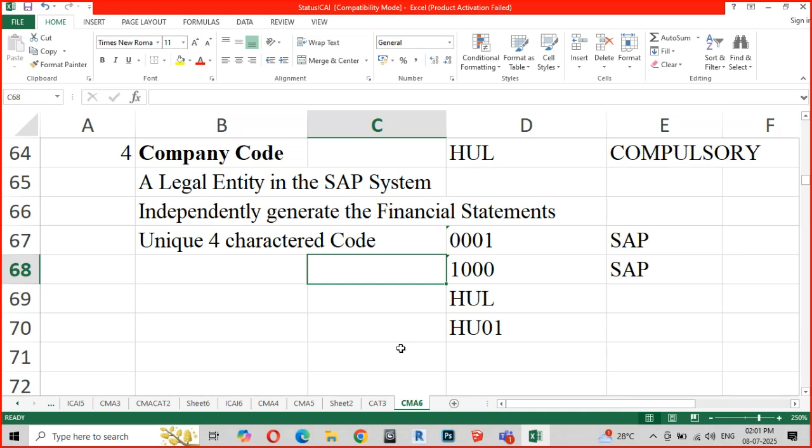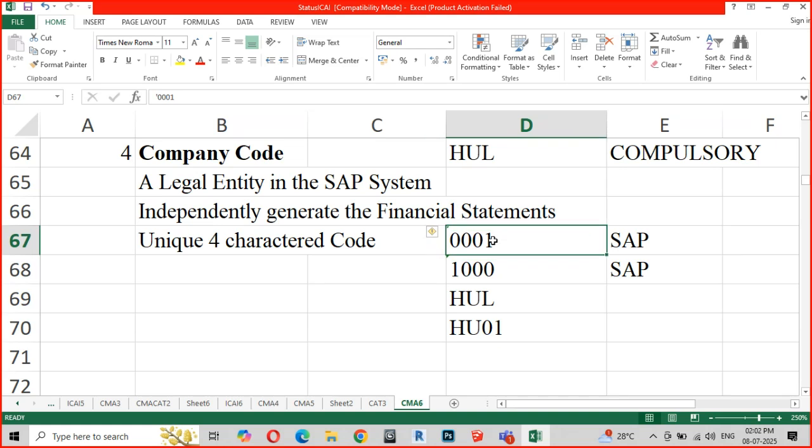Basically, in any of the SAP systems across the globe, you have the presence of these entities, that is 0001 or 100 as the standard company codes.